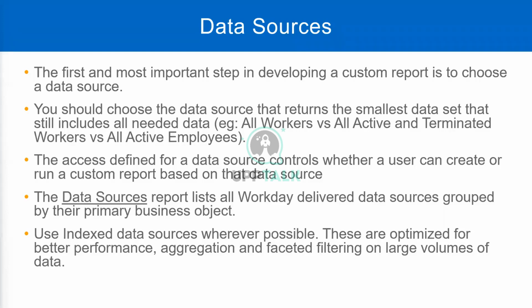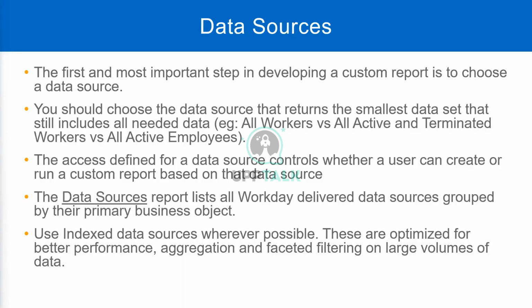Now you have another data source, again based on the same business object, that is worker: all active and terminated workers. Now, what does this tell you? What is the difference between all workers and all active and terminated workers?